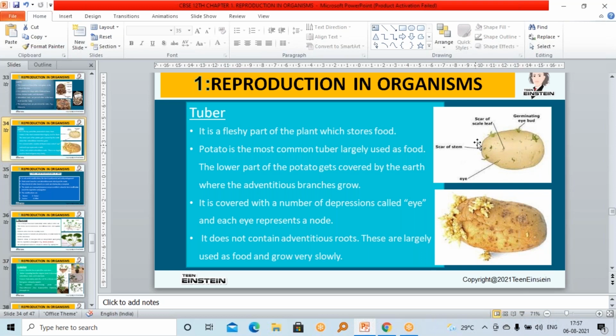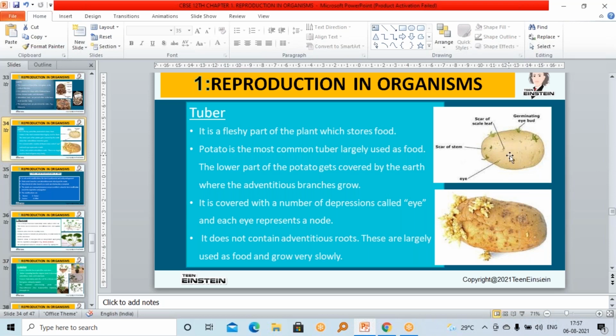In the case of potato, it is covered by a skin with numerous small depressions. You can see so many small depressions called eyes on potato.